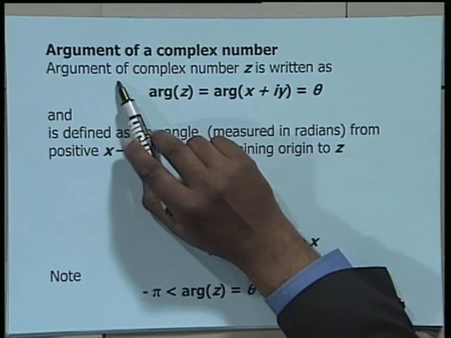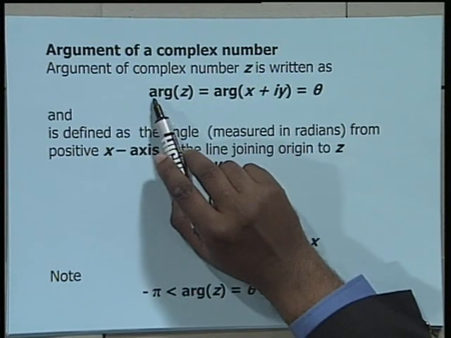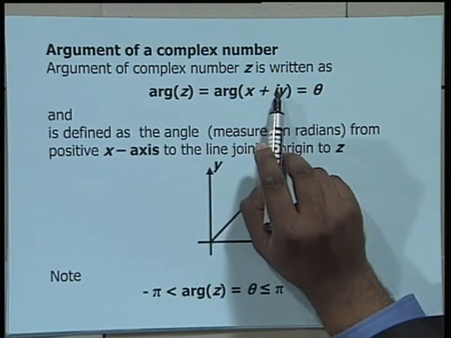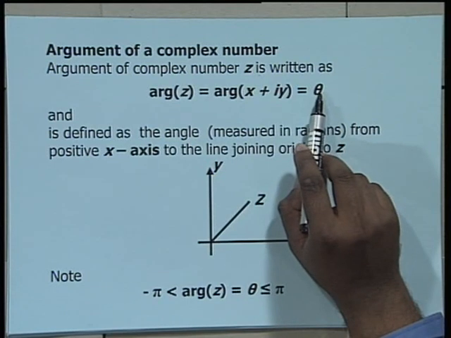Complex numbers also have another property, the argument. Every complex number will have an argument. Let's see how to find the argument of a complex number. Argument of complex number z, we write it as arg z or arg of x plus iy. And suppose that it is theta.